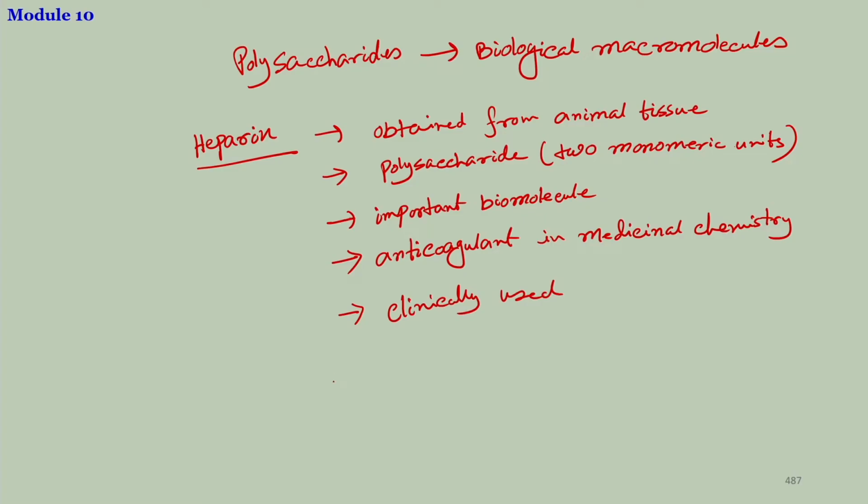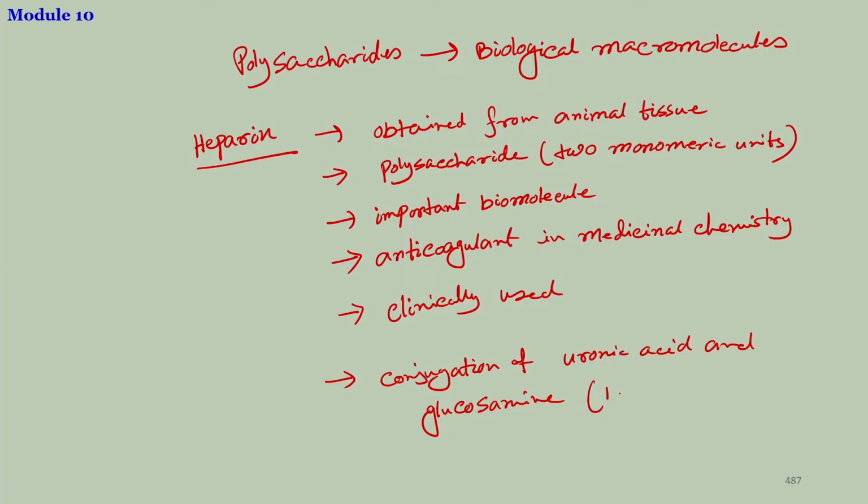This is actually a conjugation of uronic acid and glucosamine in a 1,4 link or 1,4 conjugation, that forms a glycosidic bond.